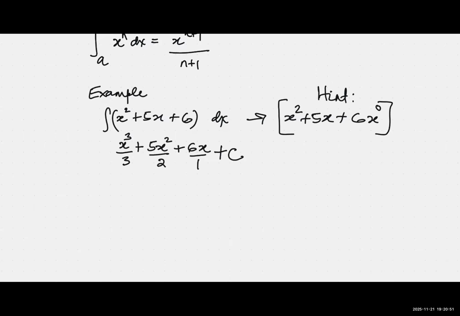So you are going to be adding 1 to 2. You're going to get 3. So this becomes x cubed, but I'm dividing by the new power. So it's going to be x cubed over 3.